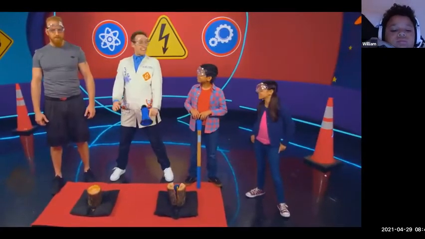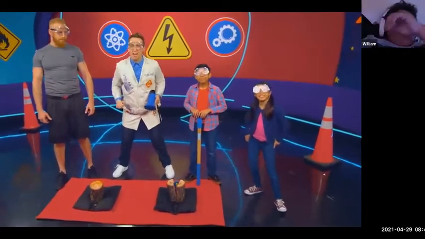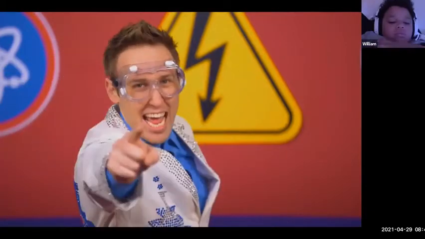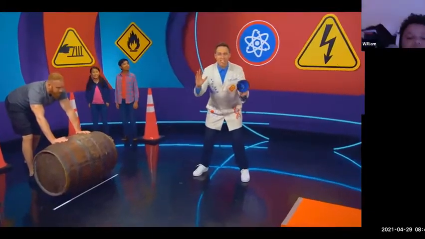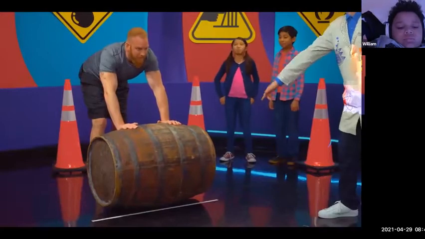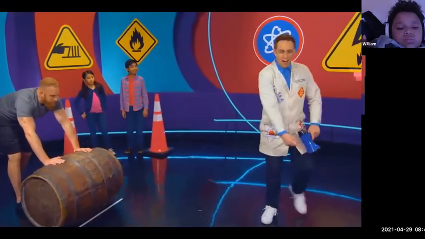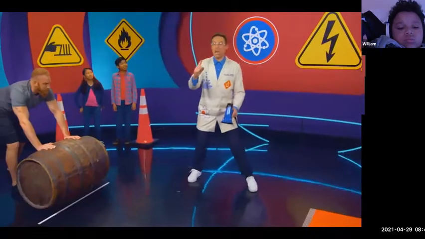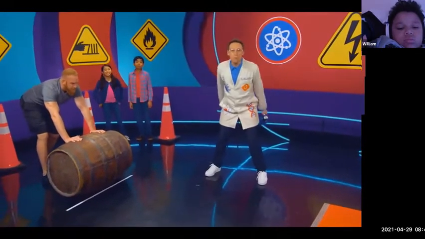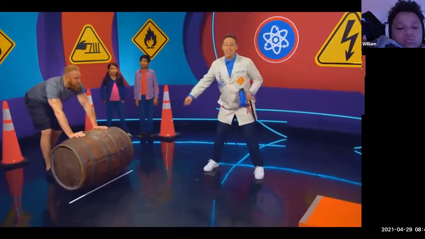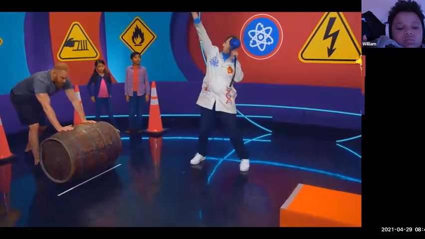Now, let's move on to our final game, the inclined plane. We're gonna try to move this heavy barrel across the floor and on top of this platform. First, without any simple machines. Mr. Muscles, 3, 2, wonder!